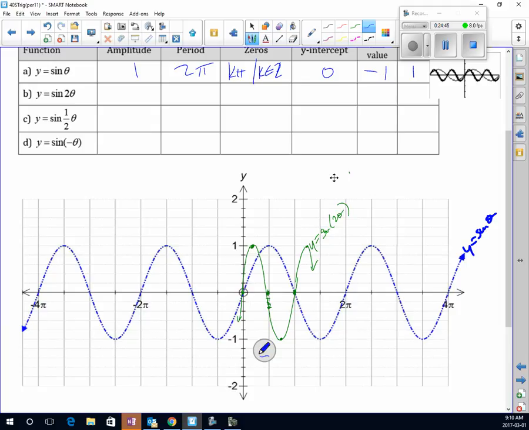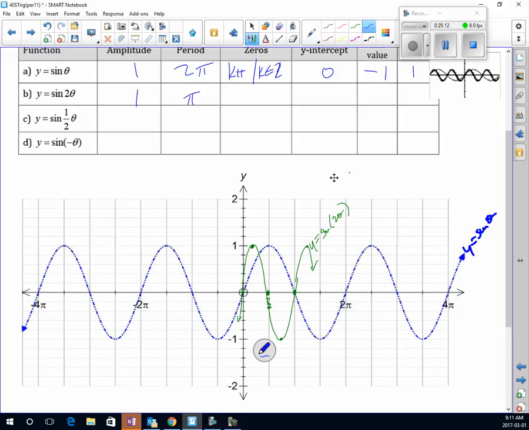Does that affect my amplitude? No, a horizontal change will not affect a vertical. Amplitude is vertical, so it's still going to be the same. And look visually, it's still the same, right? It does affect my period, right? So instead of 2 pi, it's getting halved. So now it's at pi. Does everybody see visually it took pi to complete that cycle?